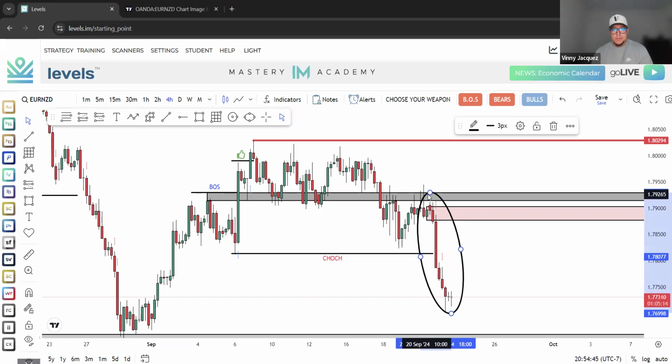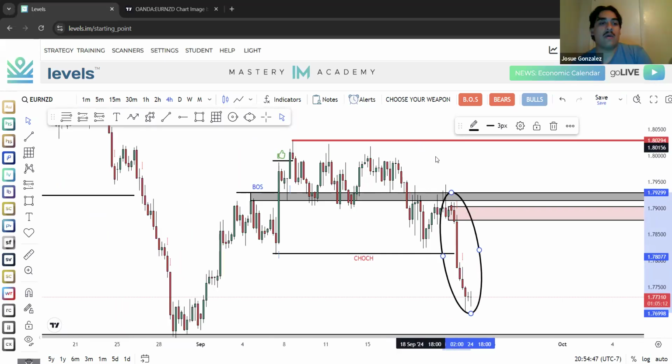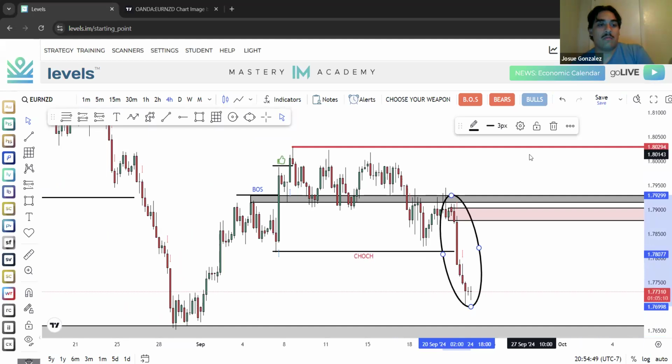Correct. But the thing is, every BOS is a shoulder, right? That's why it's BOS, liquidity sweep, left shoulder, right?